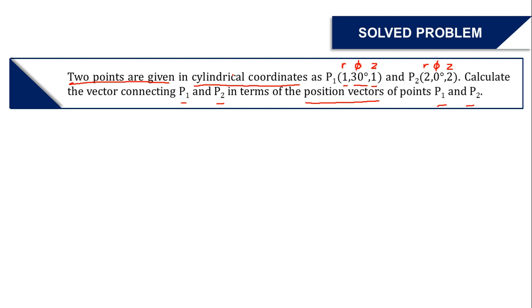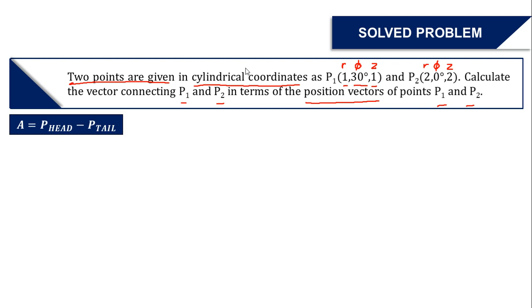And then pag nakuha na natin yung vector in Cartesian coordinates, we are going to transform it back to the cylindrical coordinates para makuha natin yung vector in cylindrical coordinates. Okay, so that's the plan.